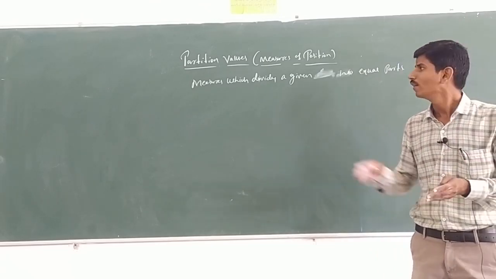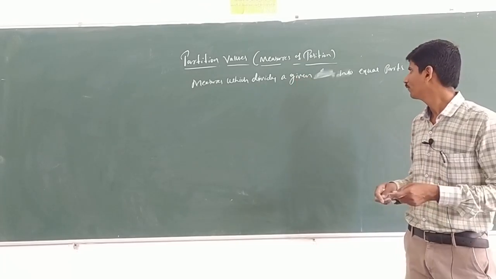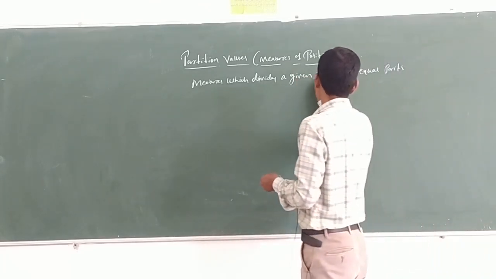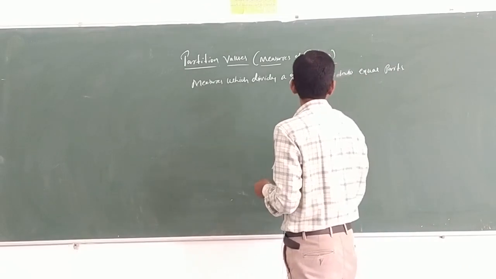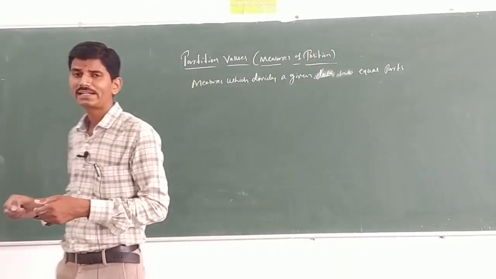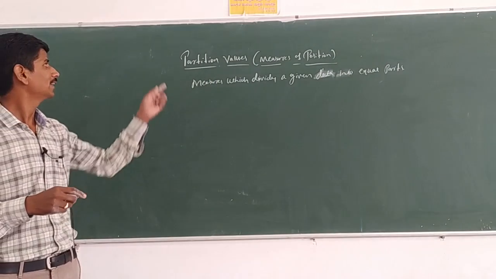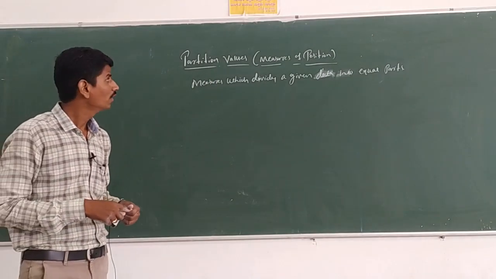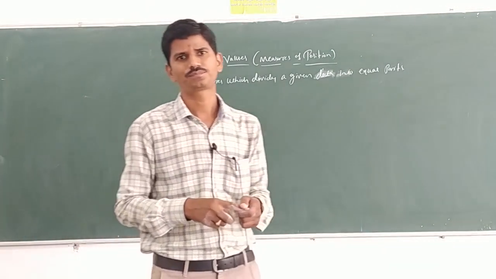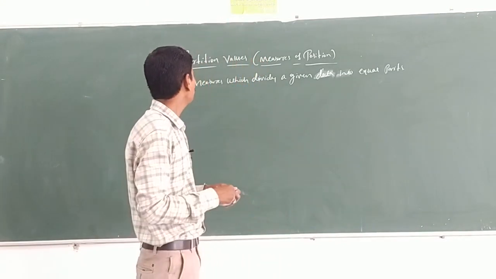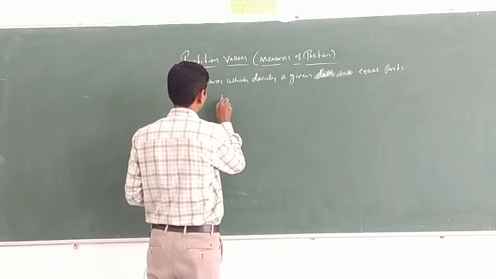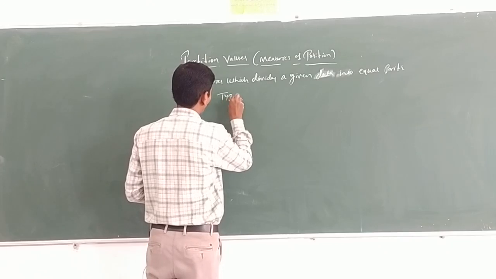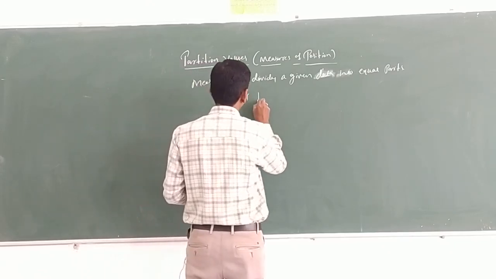Measures which divide a given data into equal parts are said to be partition values or measures of position. The next, types of partition values.